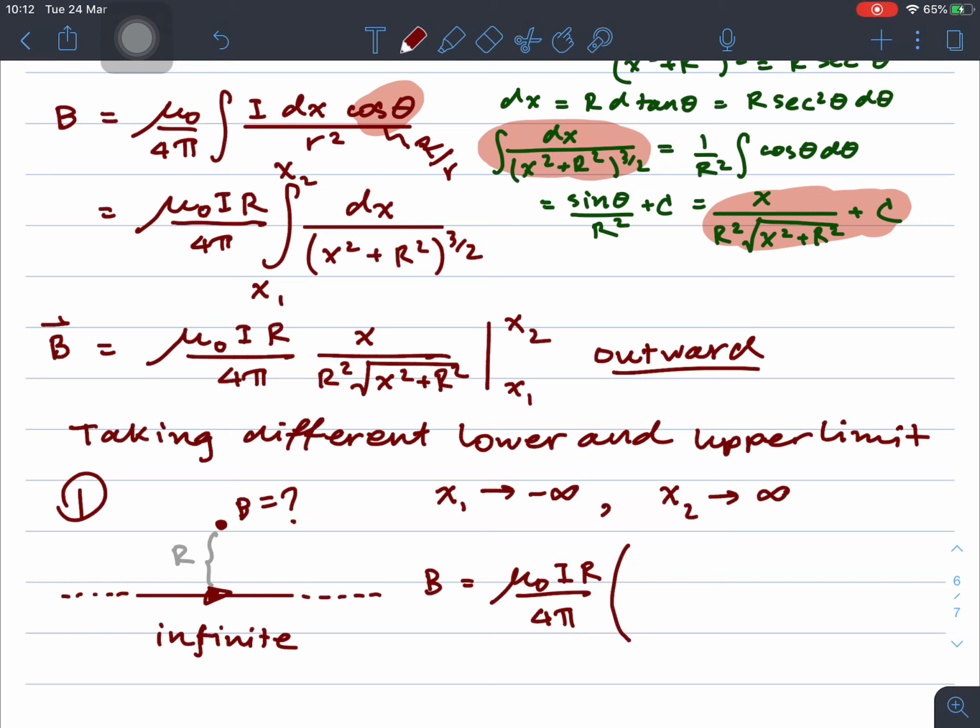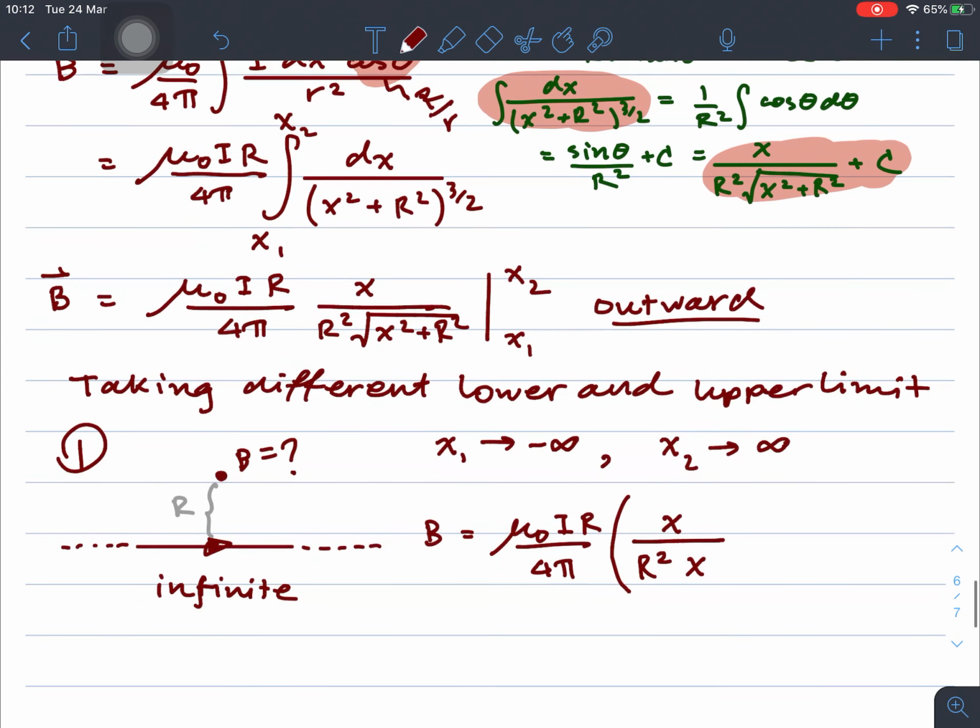Taking the upper limit, it would be x over r squared, and the square root here will become x. Because as x approaches infinity, the square root of x squared plus r squared approaches x, since x is much bigger than r, so you can take r out.